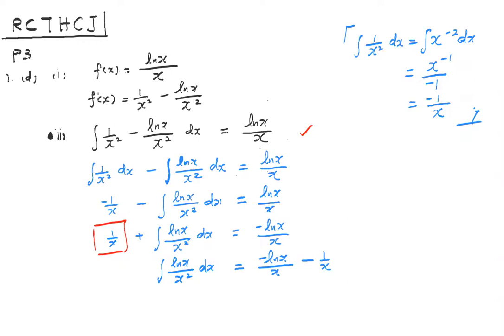Now, what I can do is, I go to the question and put in the limit, 2, 3. And here I put the square bracket, 2, 3. Then I sub with 2, sub with 3, take away, sub with 2.